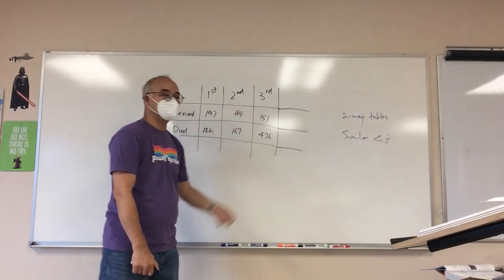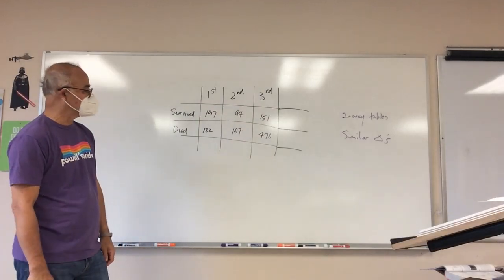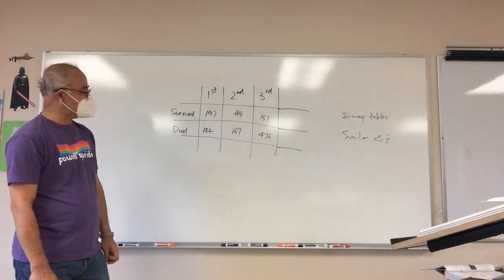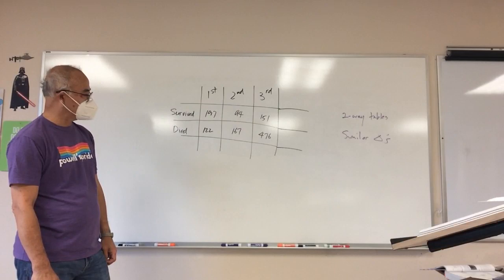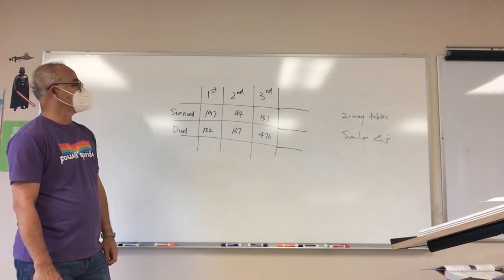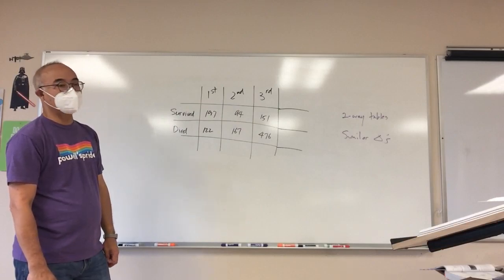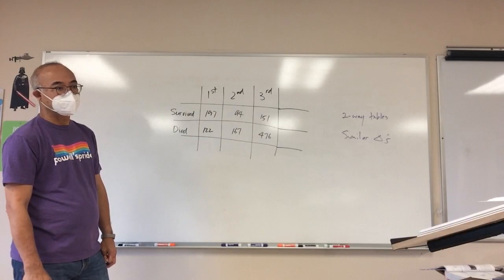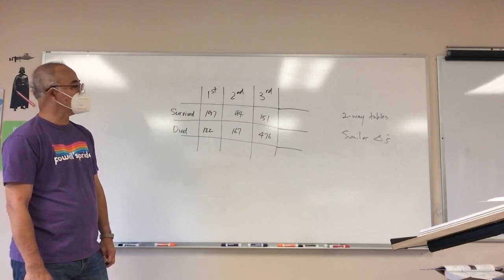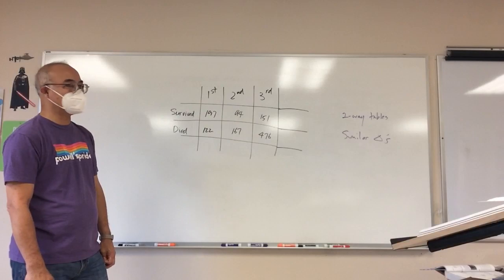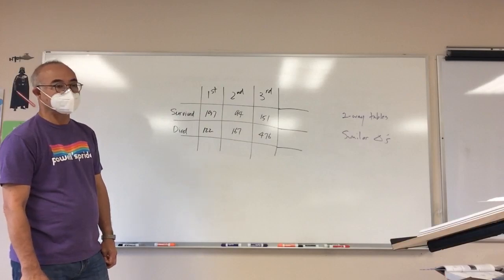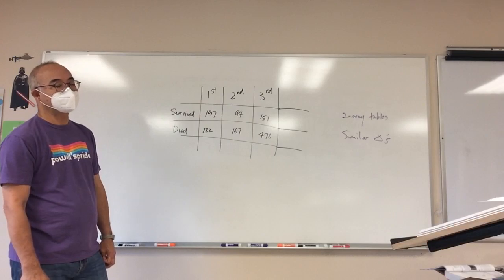Third class is like this. So the question is, if you had survived, what are the chances that you were first class? And how would you find them?